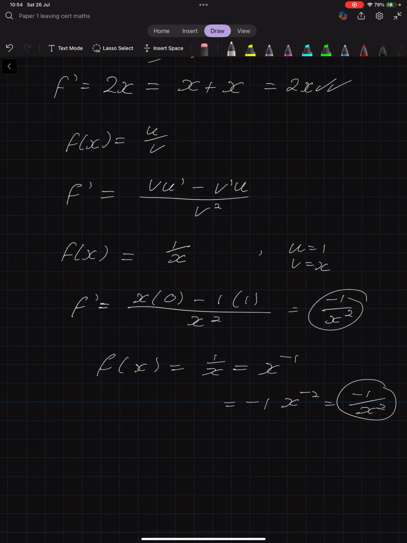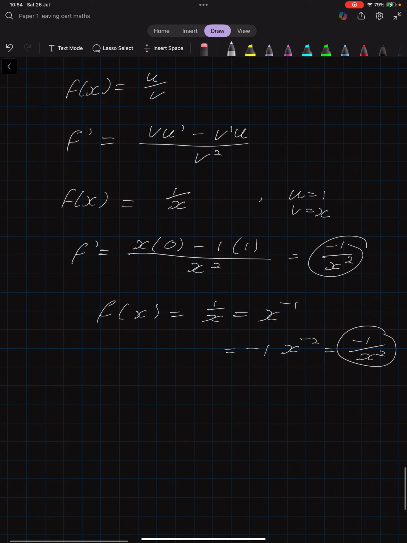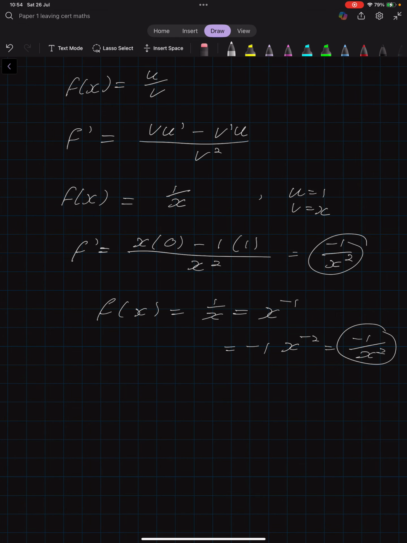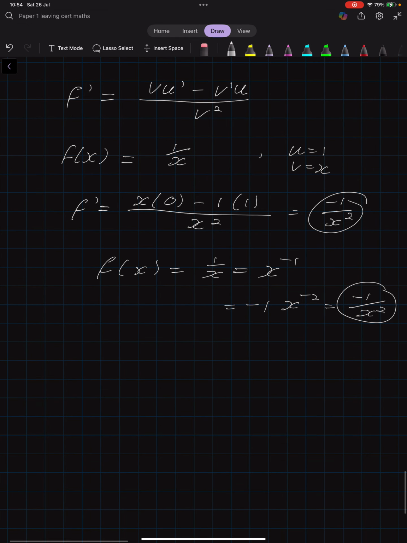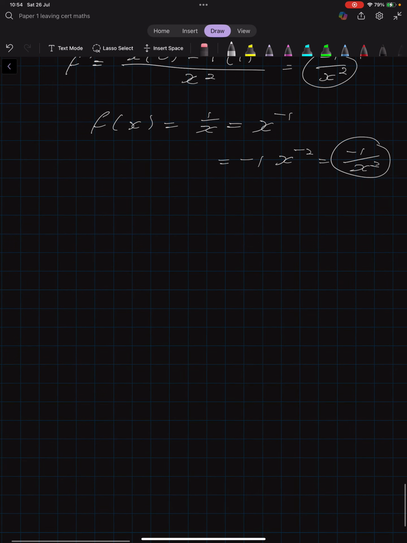So now I'll do a couple examples. So the product rule, let's say we want to differentiate this. Say f of x is equal to root x times 2x plus 4.